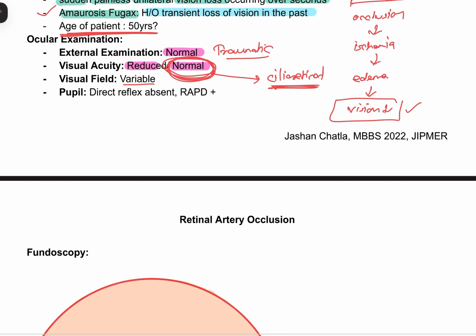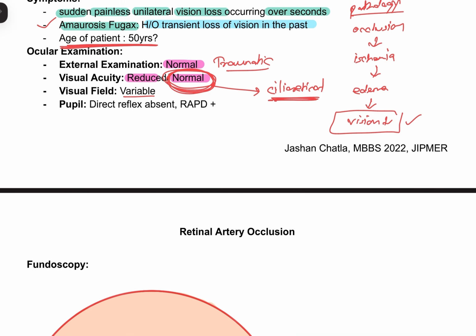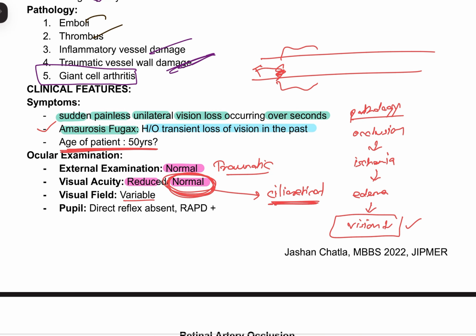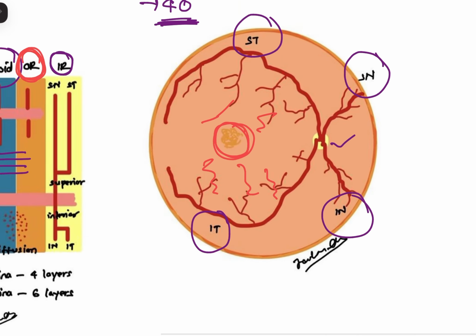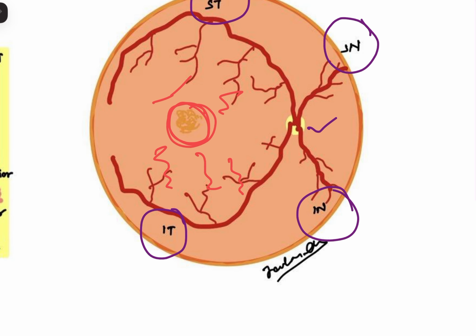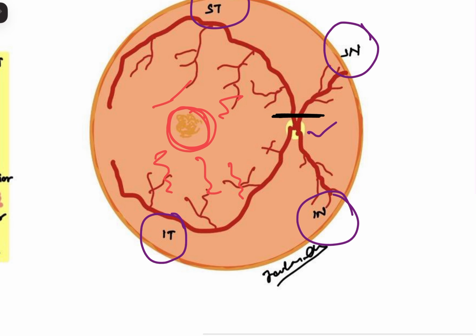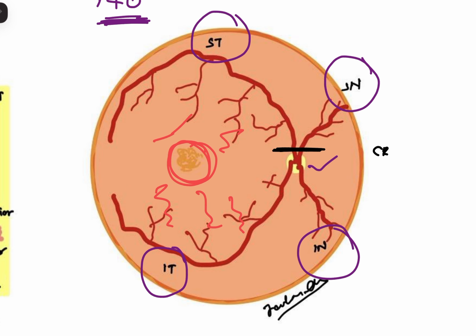One more important thing to discuss is the types of retinal artery occlusions. If you are having occlusion in this particular area, what do you call it? You call it central retinal artery occlusion. Completely your artery is gone, and you are having occlusion over this area.